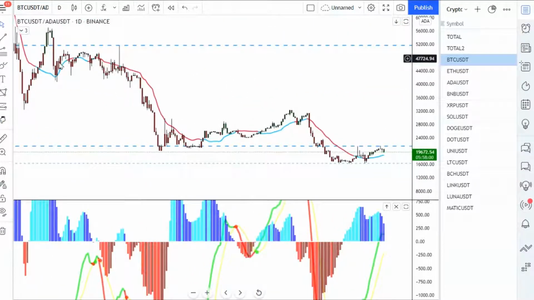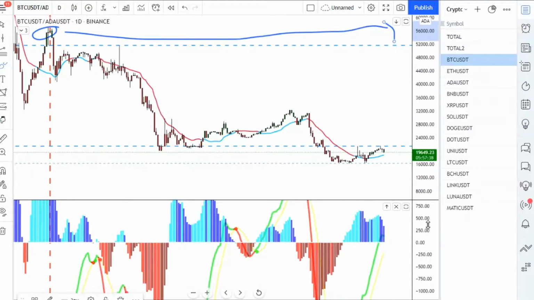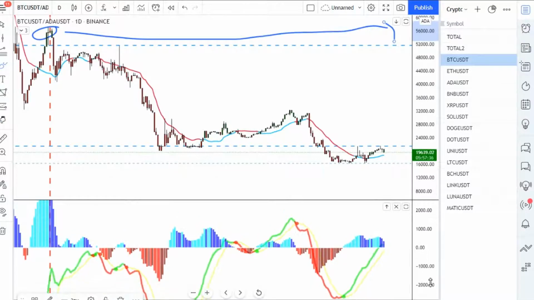At that time, right here, let's make it a vertical line. Here, guys, one Bitcoin can buy 50,006 Cardano. See the percentage? One Bitcoin can buy 50,006 Cardano.